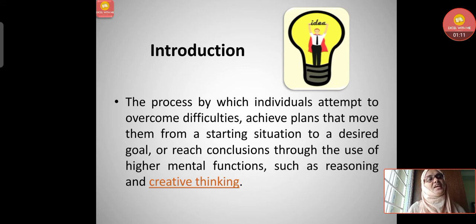Some people face them very courageously, but some people don't have the ability to face those problems. They will go into stress. So in this process of problem solving, higher mental functions such as reasoning and creative thinking are involved.